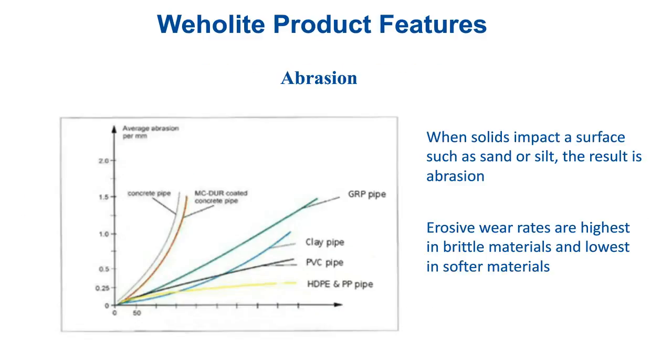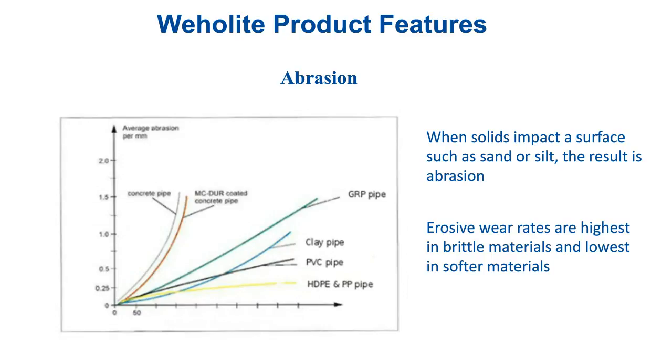One of the important aspects when we talk about stormwater applications or CSOs is the abrasion resistance of HDPE. Whenever you have particles impacting, such as sand or silt, the rubbing or the impact of the solid upon the pipe structure's surface will result in abrasion.